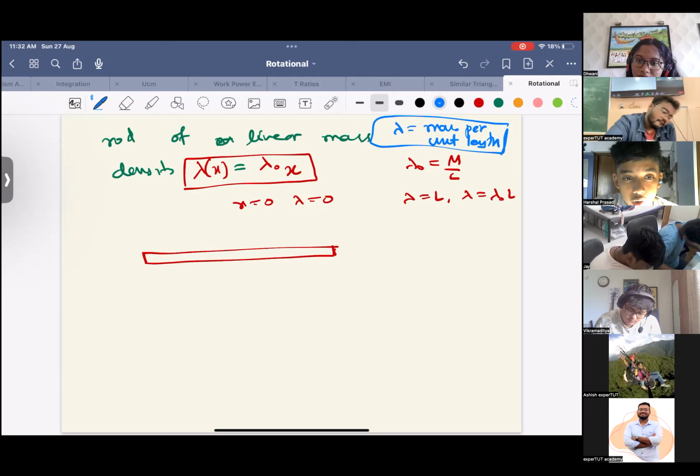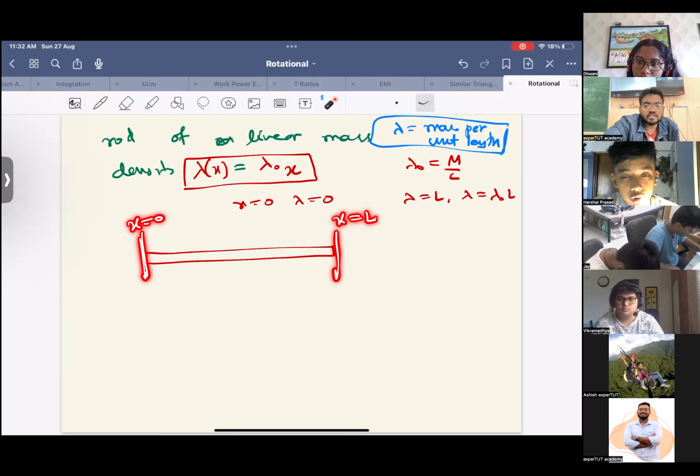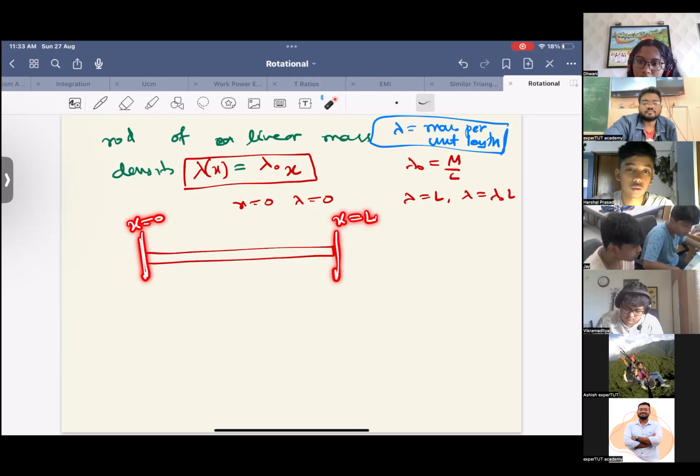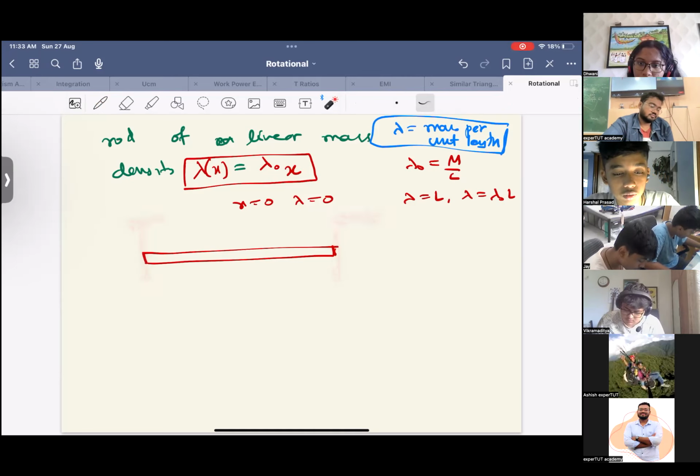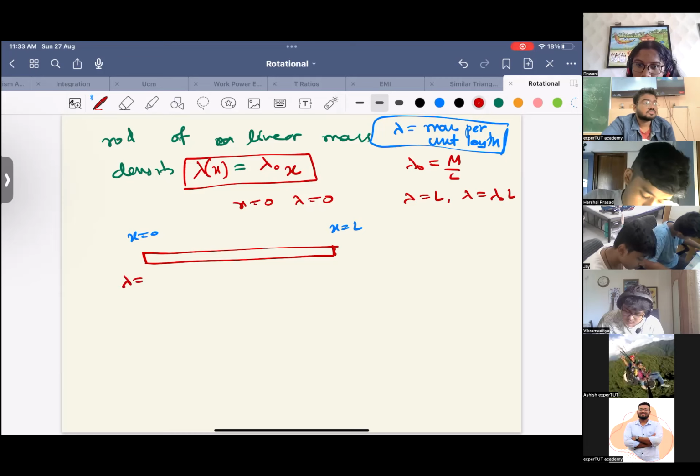What does this mean? Suppose at this point x is equal to 0 and at this point x is equal to L. Write this quickly. Now at x equal to 0, what is lambda? Lambda naught into 0, so it is 0.